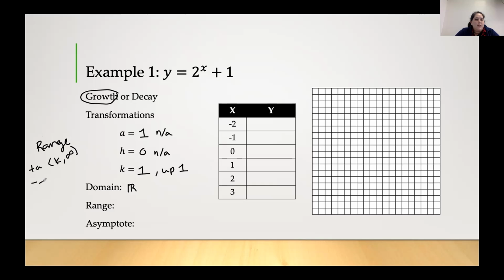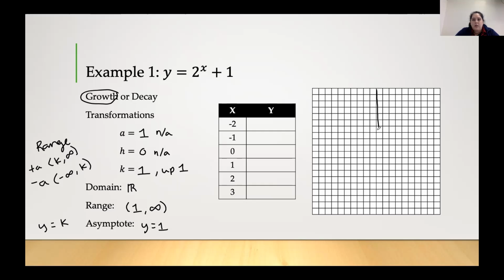If you have a negative a value, your range is negative infinity to k. So a is +1, so my range is going to be from 1 to infinity because k is equal to 1. My asymptote is at y equals k, so my asymptote is at y equals 1.